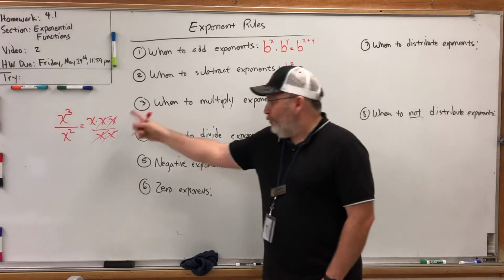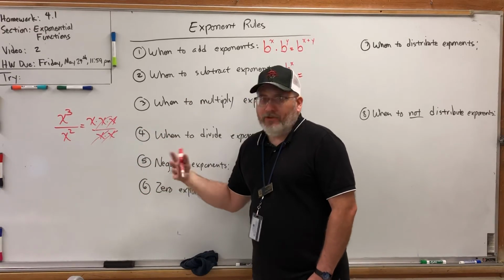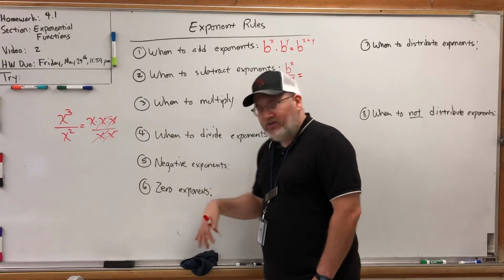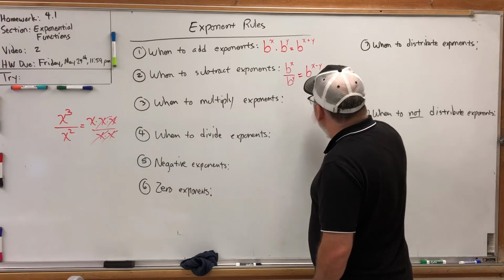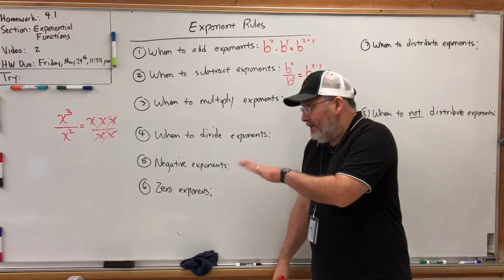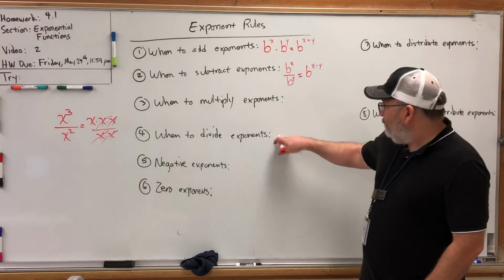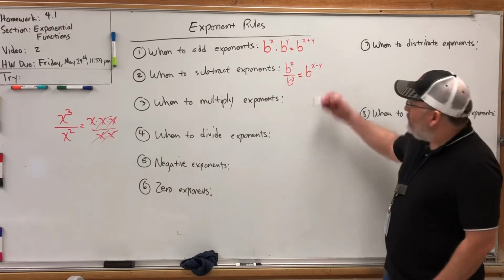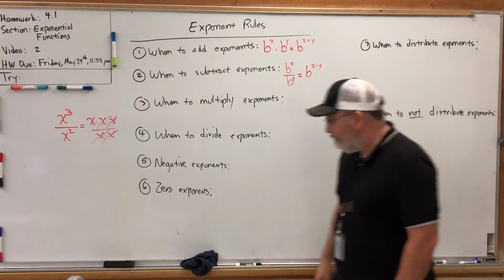And along the same reasoning, if we were to write them all out, we would cancel, and so the amount left would be the top power minus the bottom power. So b to the x minus y. Now there are actually instances where we couldn't write them all out, if the exponents were fractions, which we'll talk about here. But when you have one power on top of another, you can always subtract the exponents.